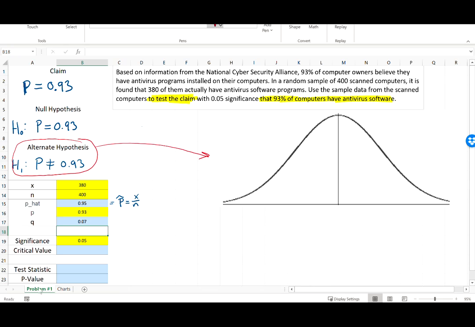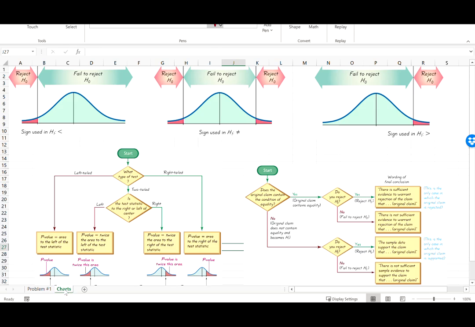The problem is on the first sheet, and under charts, we have some visual aids and tables. Up here, our choice is whether to use right tail, left tail, or two tail. It's the sign that's used in the alternate hypothesis. So not equal to is a two-tailed test.